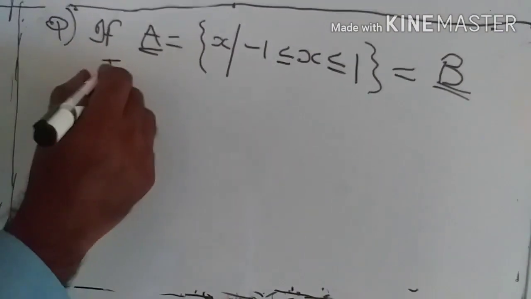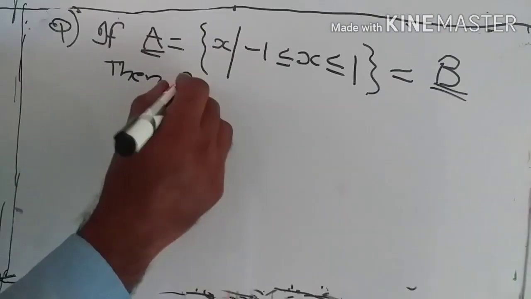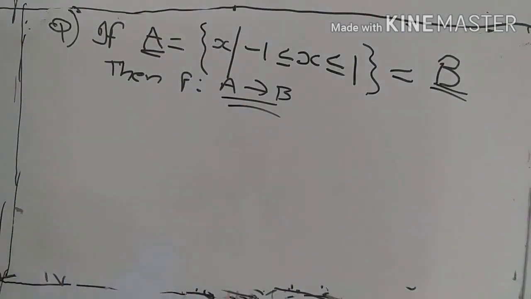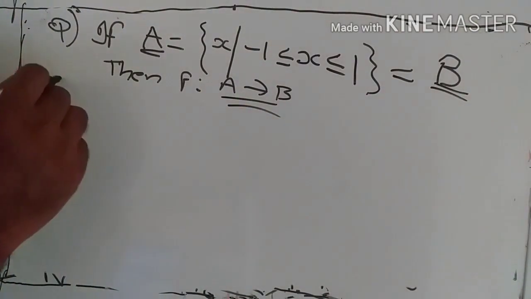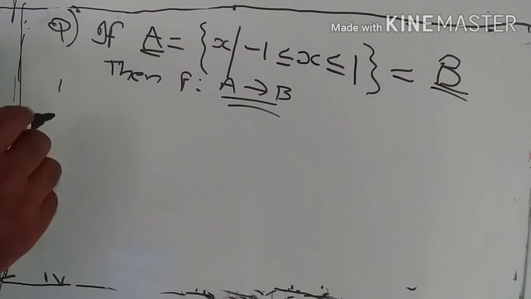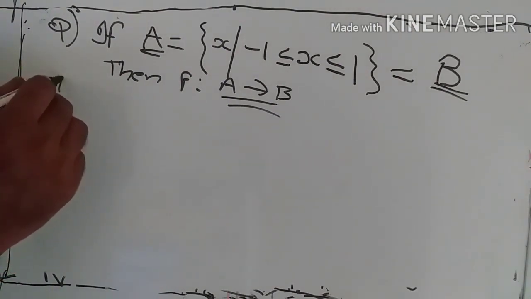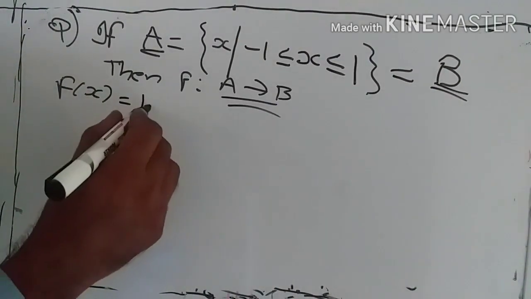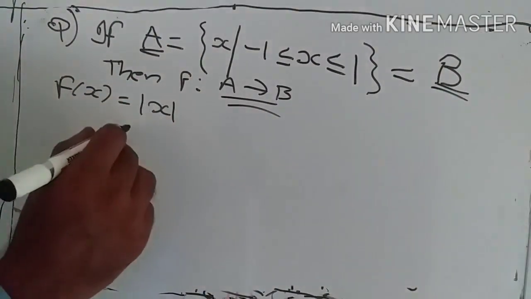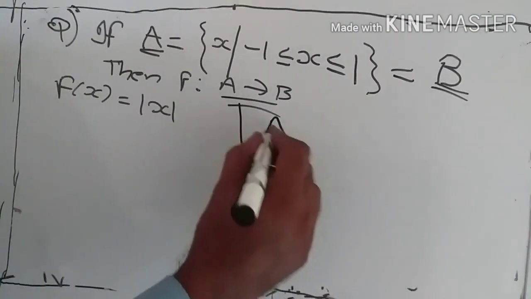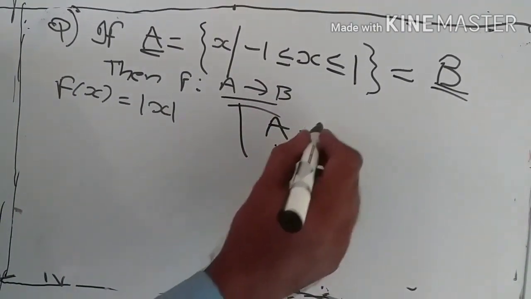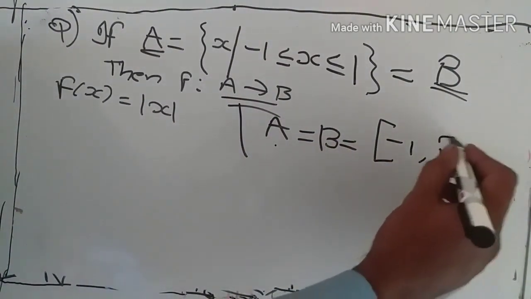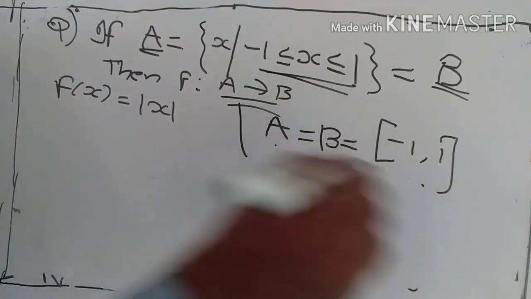Then the function is defined from A to B. First one, f of x is equal to mod x, where A, the domain, which is equal to the codomain, is the closed interval minus 1 to 1.